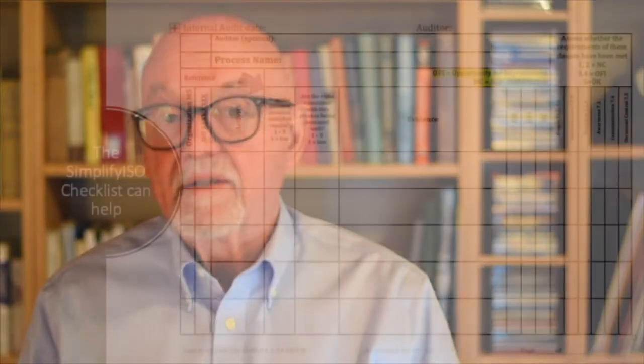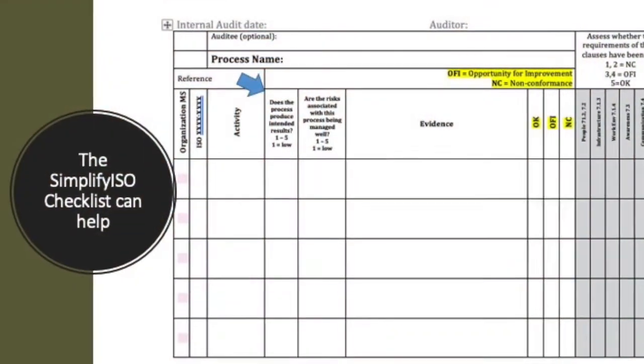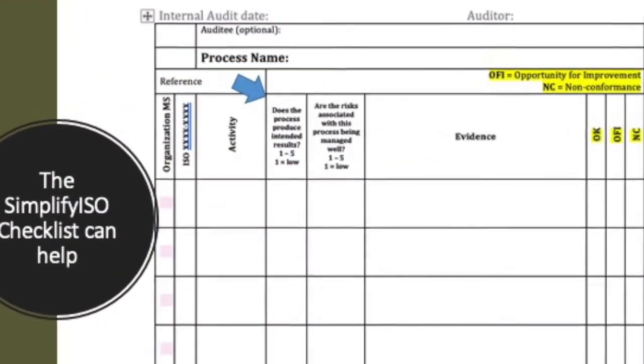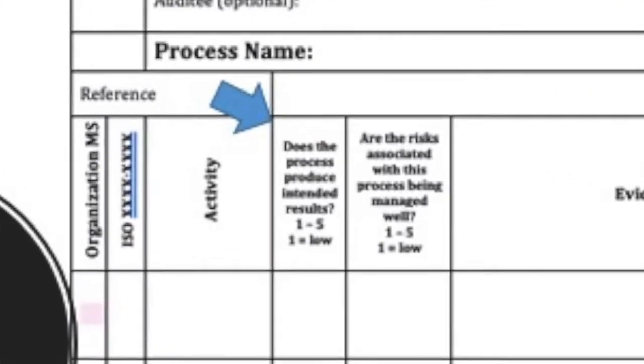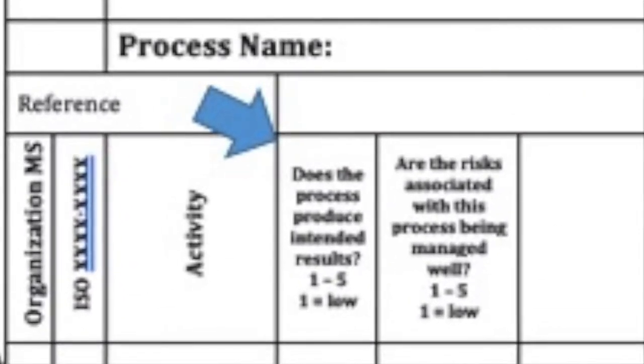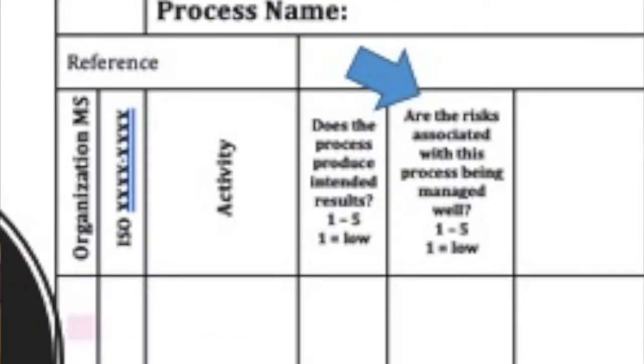The other thing that can make an audit more valuable is if you ask the auditee about the results that they're getting from the processes that they're using. In the Simplify ISO checklist, over here you'll see that we're asking about the process producing the results that you want. Over here you'll be checking to see if the risks are being managed in the view of the auditee.